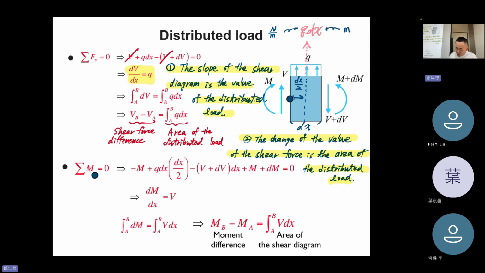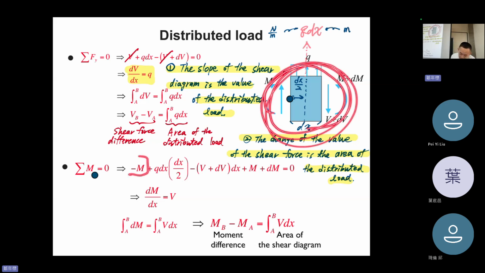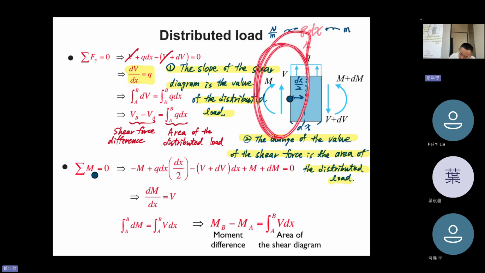A distributed load after the shear. After we know what the distributed load does to dV, how about the M? So we do sigma M about the blue dot equal to 0. You see M here is clockwise, so it's minus M. And Q dx rotating about the dark blue dot is counterclockwise, positive, Q dx times dx over 2.